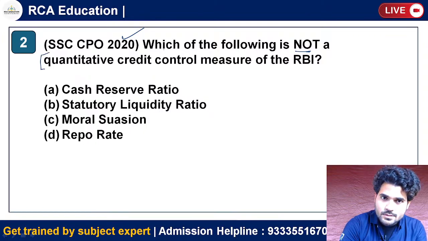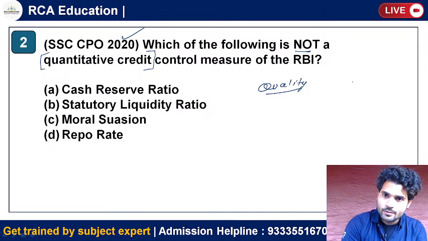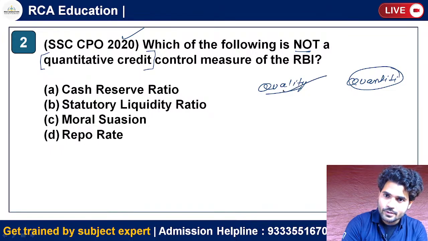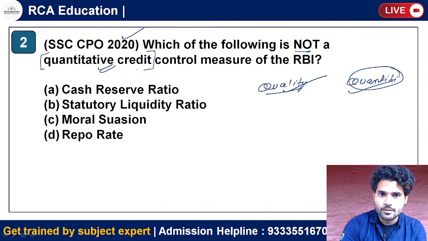Okay, focus on this word, quantitative tool. We have two types of tools: one is qualitative and one is quantitative. So it is asking the quantitative credit control measure of RBI.